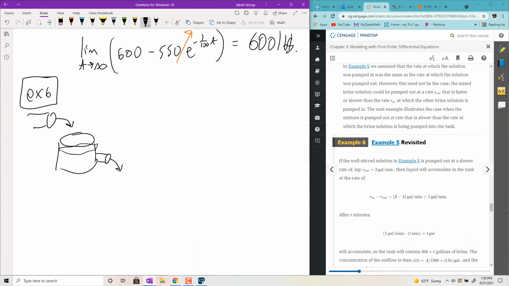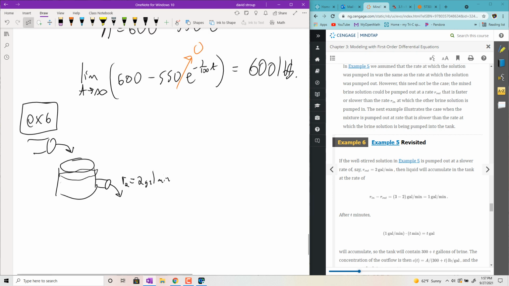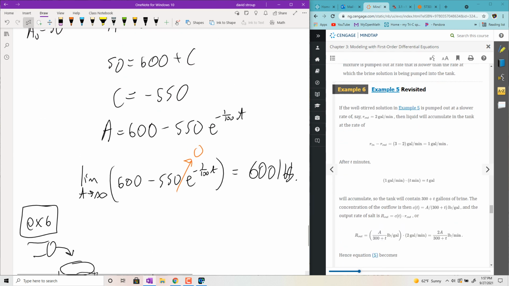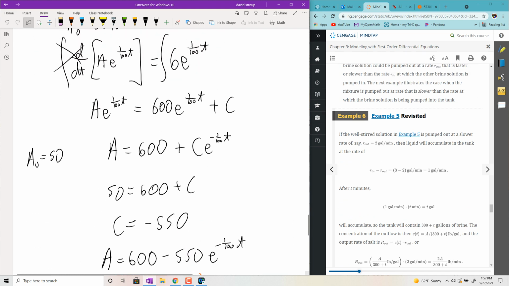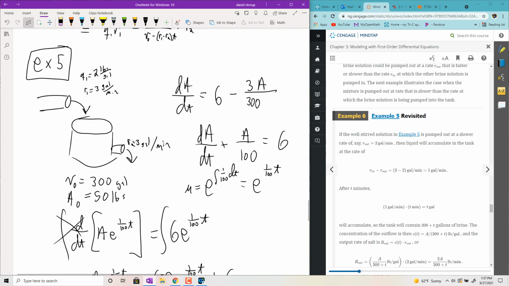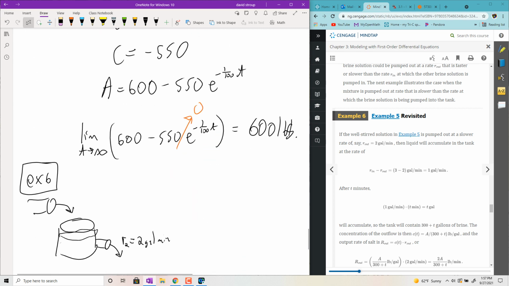So the rate out, which I usually call R2, is 2 gallons per minute. But everything else is the same, I guess.